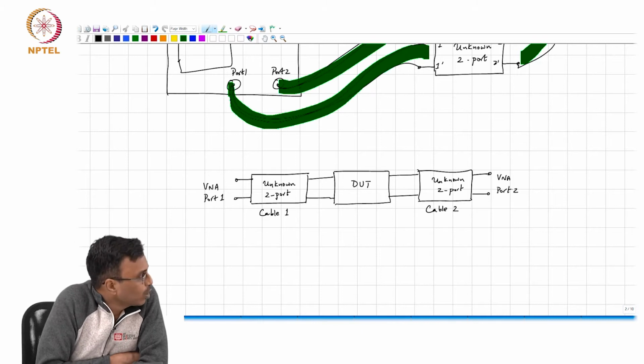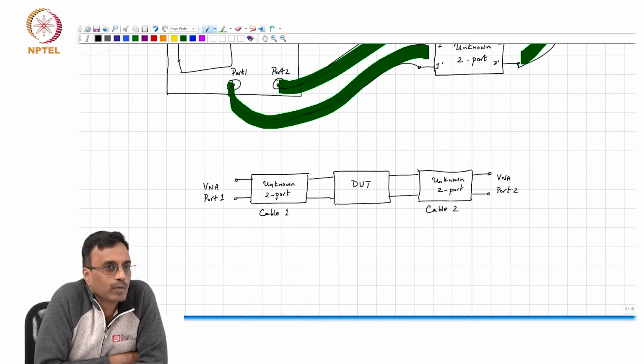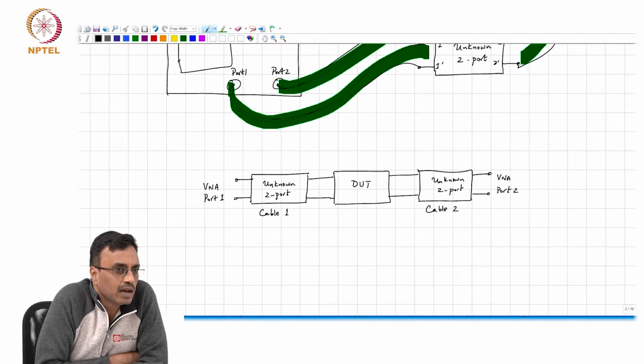All right. So if you want to measure S parameters of the DUT, what do you need inside the VNA? What must be there inside the box?